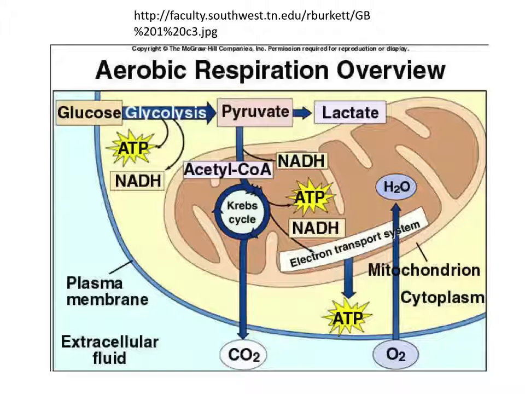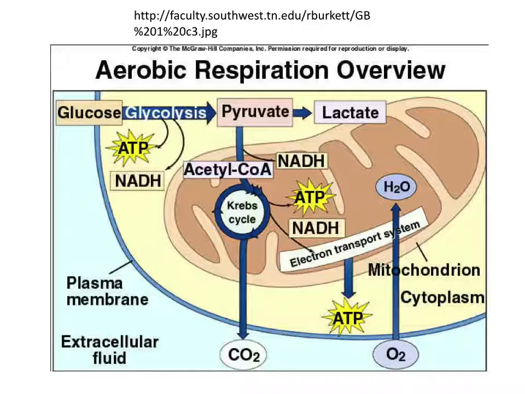Just an overview of aerobic respiration. You have oxygen coming in. This is in a mitochondria, which, as we'll talk about next lecture, actually evolved from a bacteria. So you have glucose first going to glycolysis, producing pyruvate, which eventually goes to lactate.